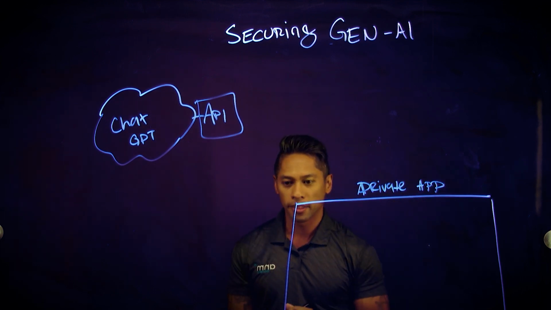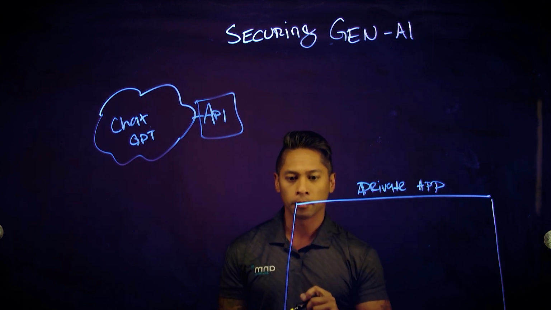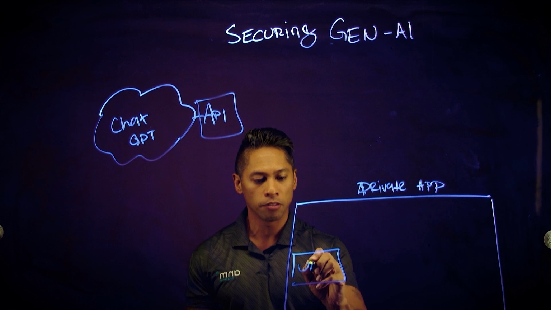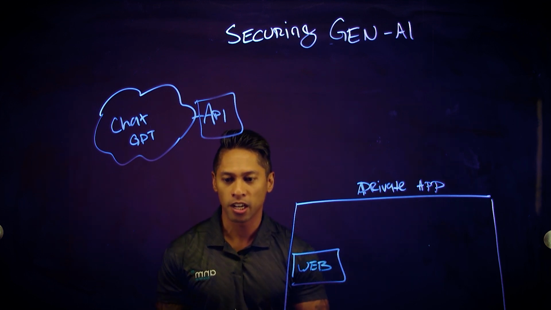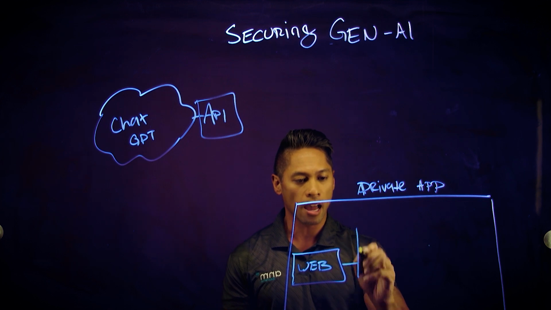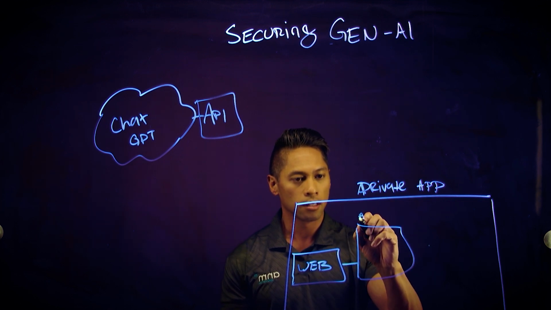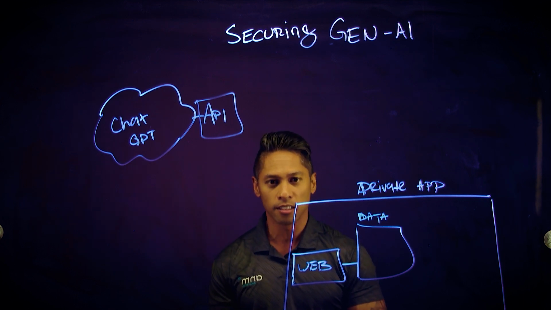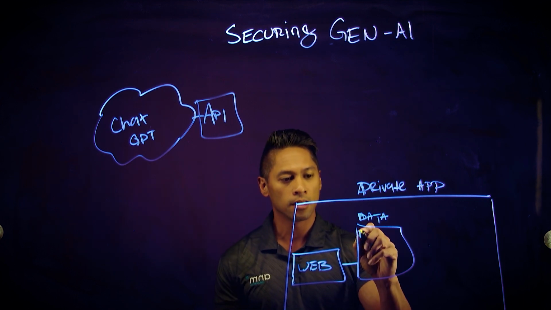So let's draw out what one of those looks like. Now, typically, these private apps have some sort of a web front end, much like ChatGPT. And then on the back end there is our data set. So this could be structured data. This could be unstructured data.